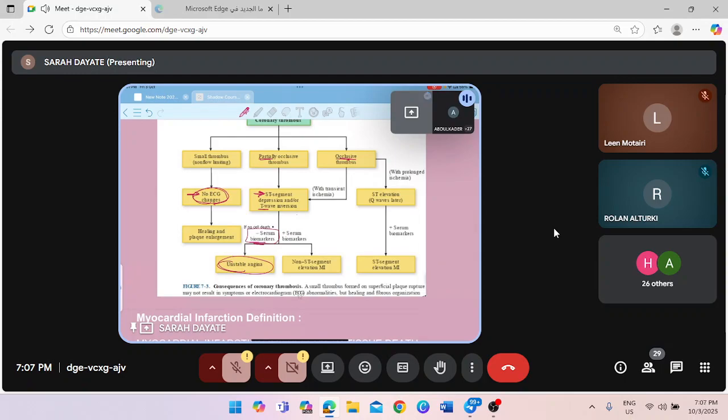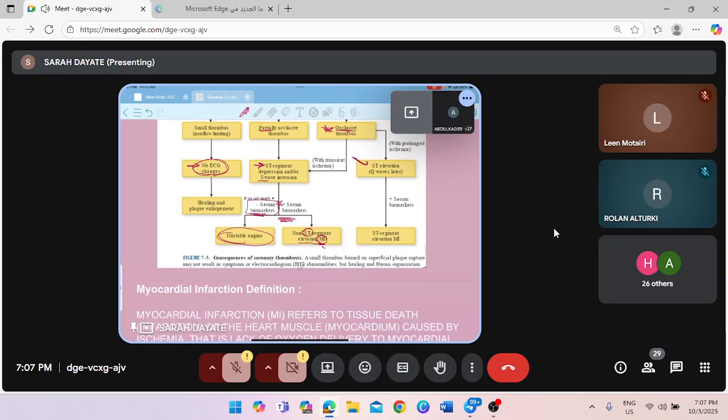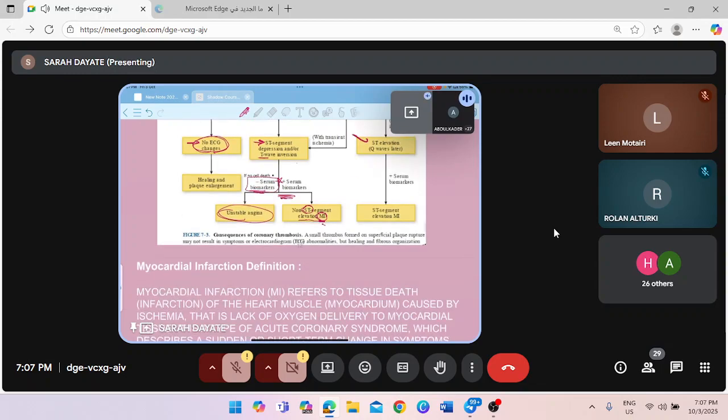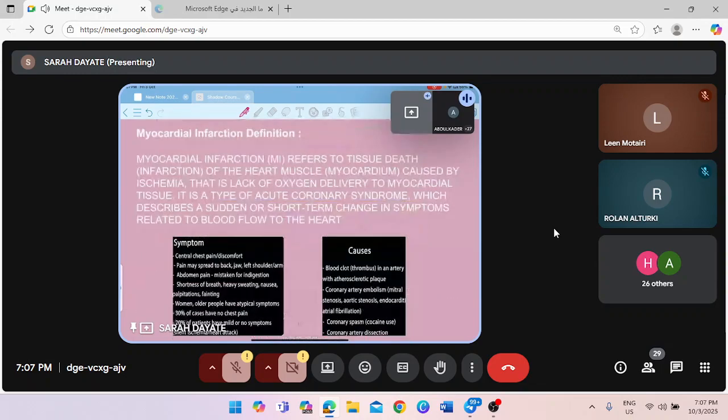But here in the non-STEMI, after the myocardial infarction, we see that the biomarkers start to appear. And when we have an occlusive thrombus, the ST is elevated and the Q wave also appears. Of course, the ST, the segment from S to T, has been elevated.